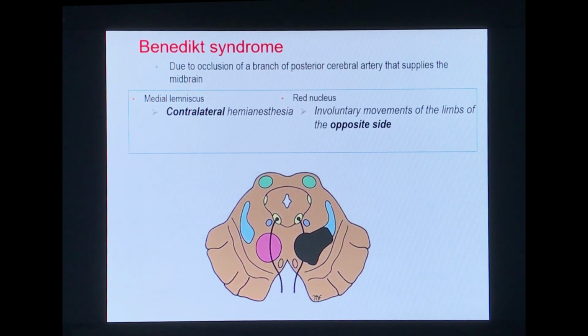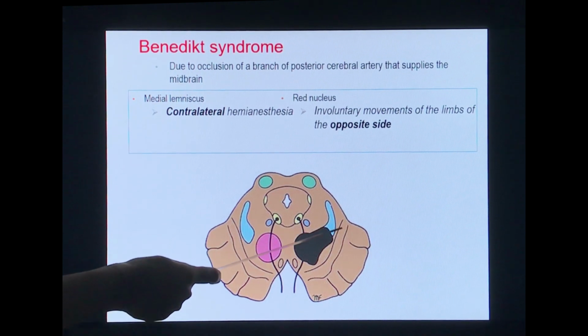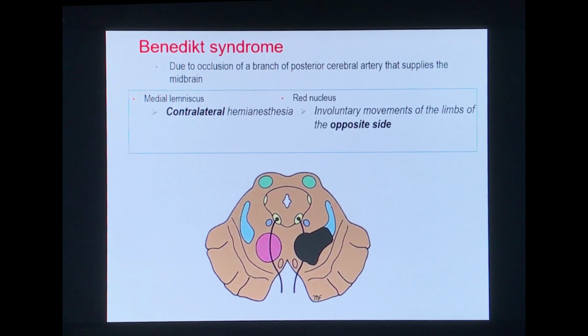And since even the medial lemniscus, can you see here the lemniscus present on the medial aspect, is the medial lemniscus. The medial lemniscus is concerned with proprioception, fine touch, 2-point discrimination. So definitely the patient might present with contralateral hemianesthesia, and also part of the spinal lemniscus is involved, so the patient will present with loss of pain and temperature.